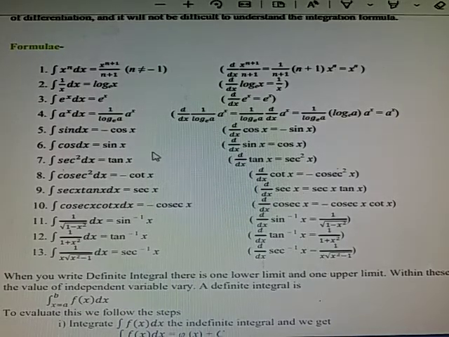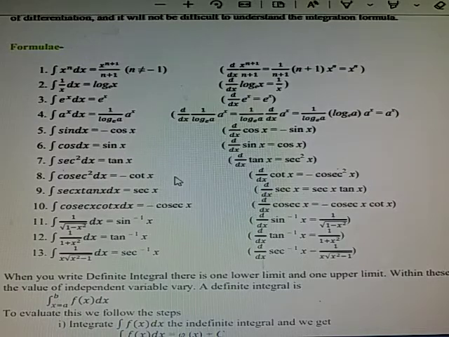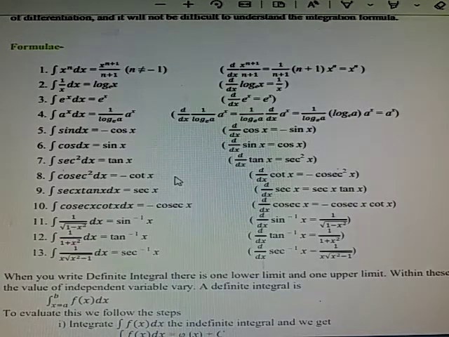Integration of cos x is sin x because d/dx of sin x is cos x. Then d/dx of tan x is sec square x. So integration of sec square x. We are not writing integration of sec x because sec x is not a standard formula for some derivative function. That we have to derive.